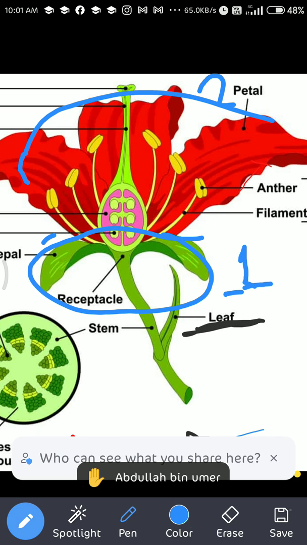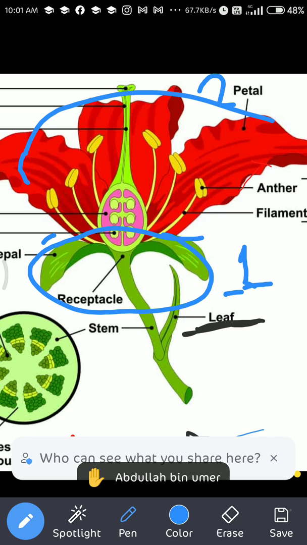So here the second whorl is corolla, and the single unit is petal, and the third whorl is androecium. Androecium is the male reproductive part, and it's made up of anther and filament. Inside the anther, pollen grains are there. Pollen grains are the male reproductive cells.